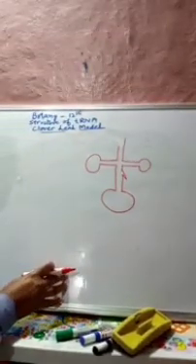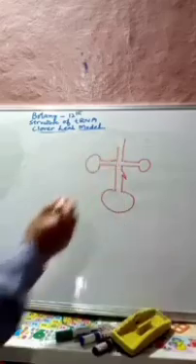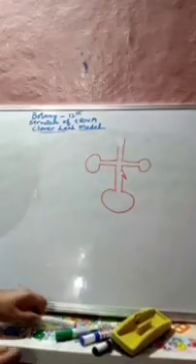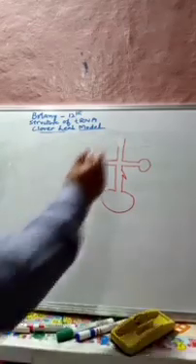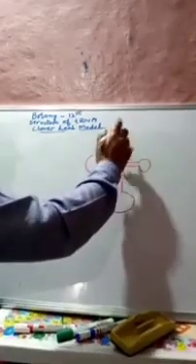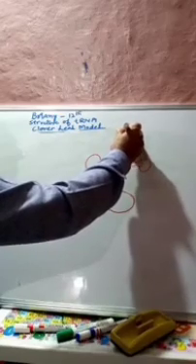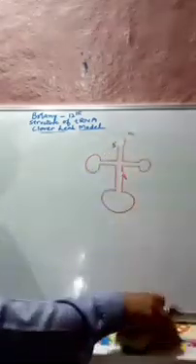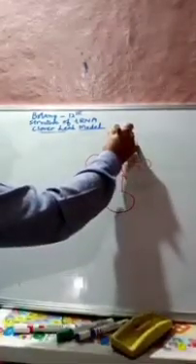This is the structure and these are the 5 arms, 1, 2, 3, 4 and 5. Now if we write the direction of this, it is constructed from 5 prime to 3 prime.